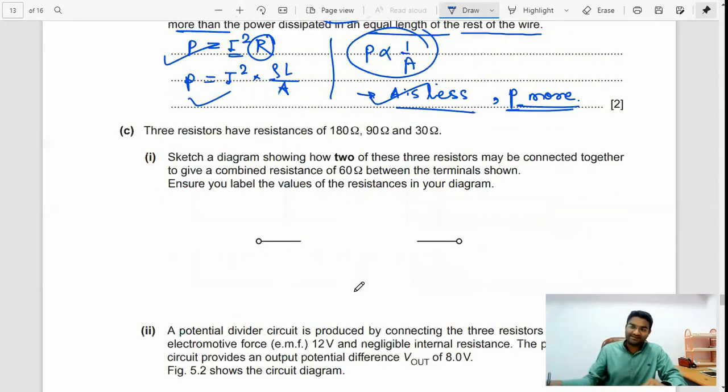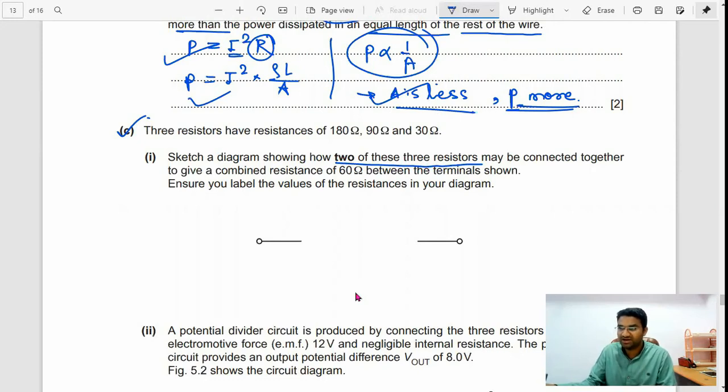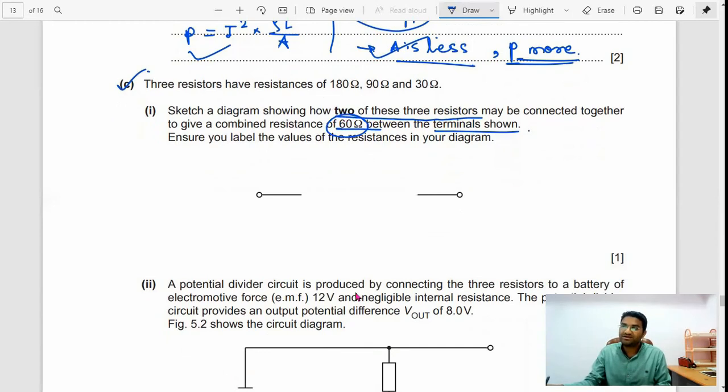Now the next part, part C. Three resistors have a resistance 180 ohm, 90 ohm, 30 ohm. Sketch the diagram showing how two of these three resistors may be connected together to give the combined resistance of 60 ohm between the terminals. In which case, either parallel or series, will you get the 60 ohm resistance?